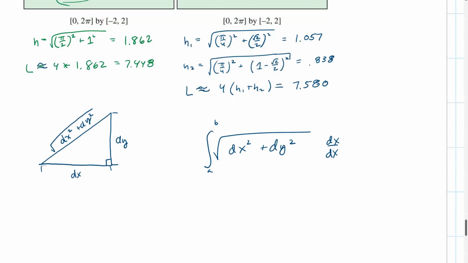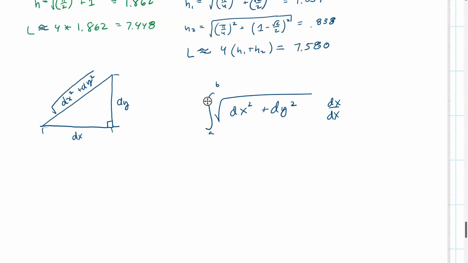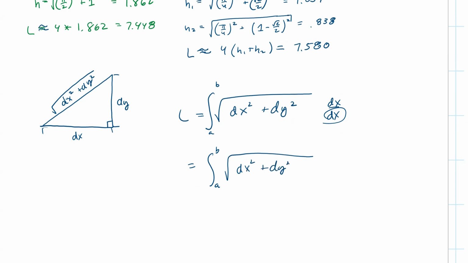And then let's say we take that bottom dx and we bring it inside the square root. And the act of bringing it inside the square root makes it a squared, just like the action of taking out of the square root takes the square away.